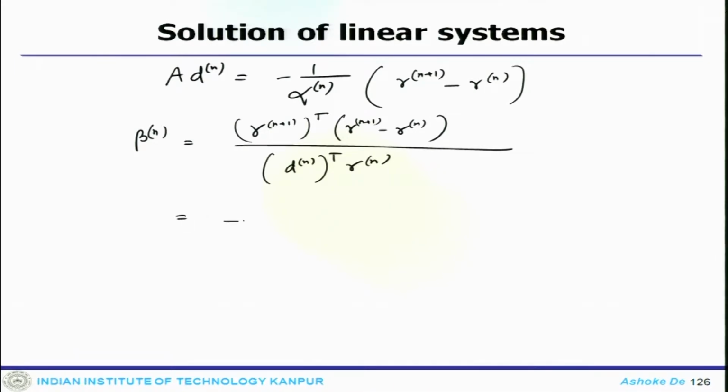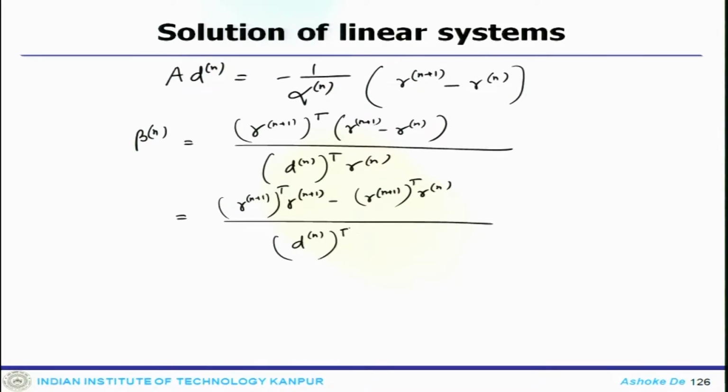which is written like R n plus 1 transpose R n plus 1 minus R n plus 1 transpose R n, divided by d n transpose R n, and this term is essentially 0.